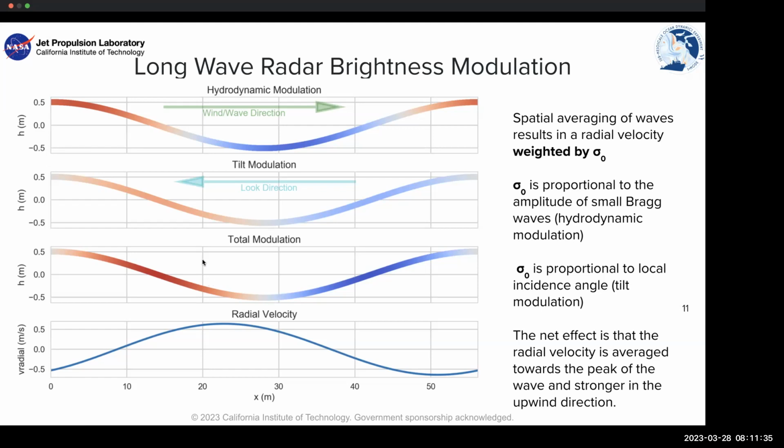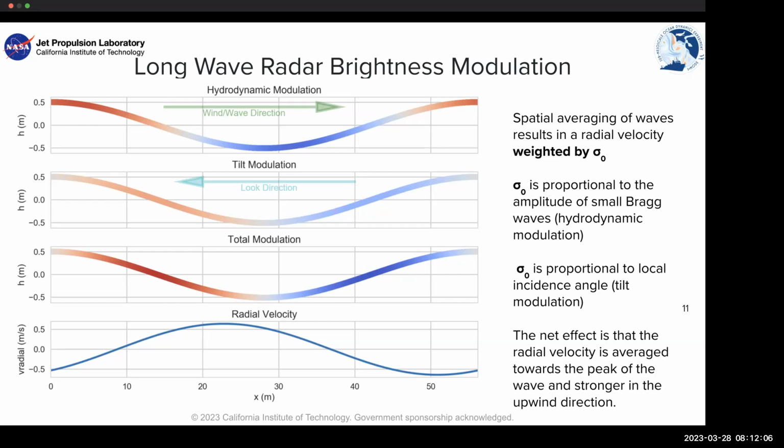I'll try to convince you of that, because the modulation is largely due to the steeper part of the waves, and the steeper part of the waves are due to the wind-generated waves. So if the waves are somewhat in equilibrium with the wind, we can expect to be somewhat consistent in the level of leakage that you have from the large scale wave into the small scale wave, into the radial velocities.